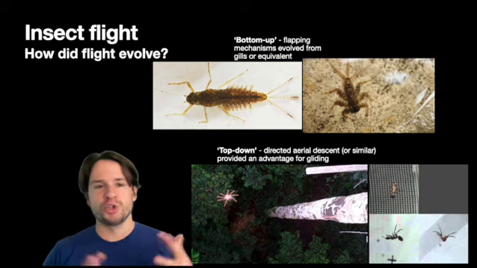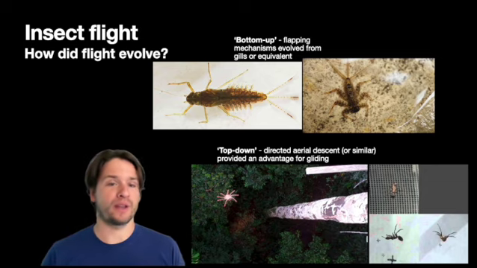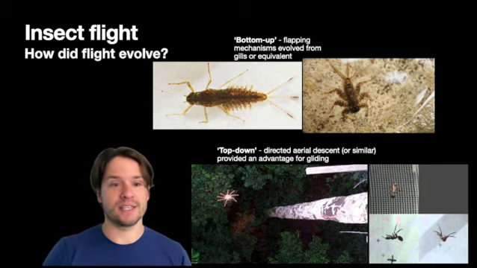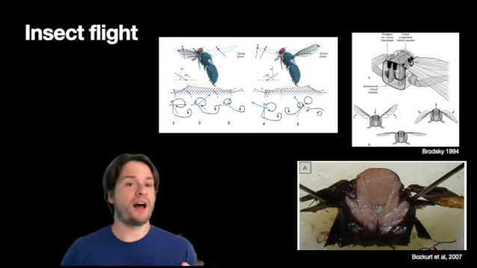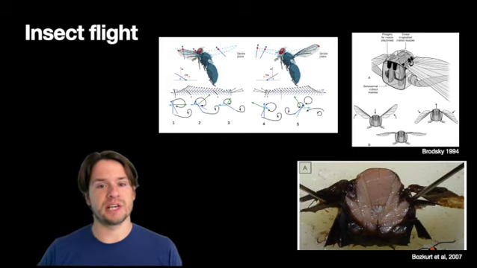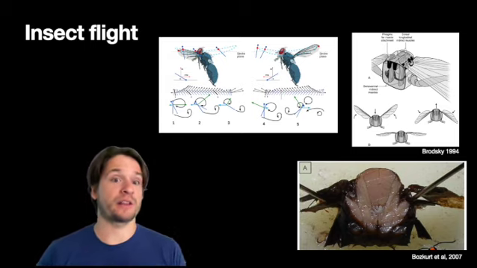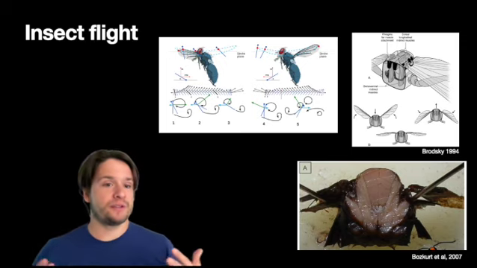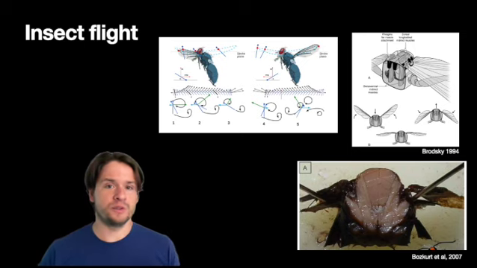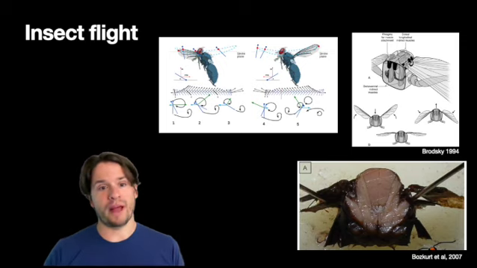So the short answer is we don't really know, and we may never know how flight evolved, but there are some interesting hypotheses. What we do know, though, is that over time, the flight machinery of insects has become amazingly well-tuned and changed dramatically over the evolutionary history of insects. Without diving too deep into this, we'll just note that insect flight has some amazing aerodynamics that are quite distinct from how airplanes fly.